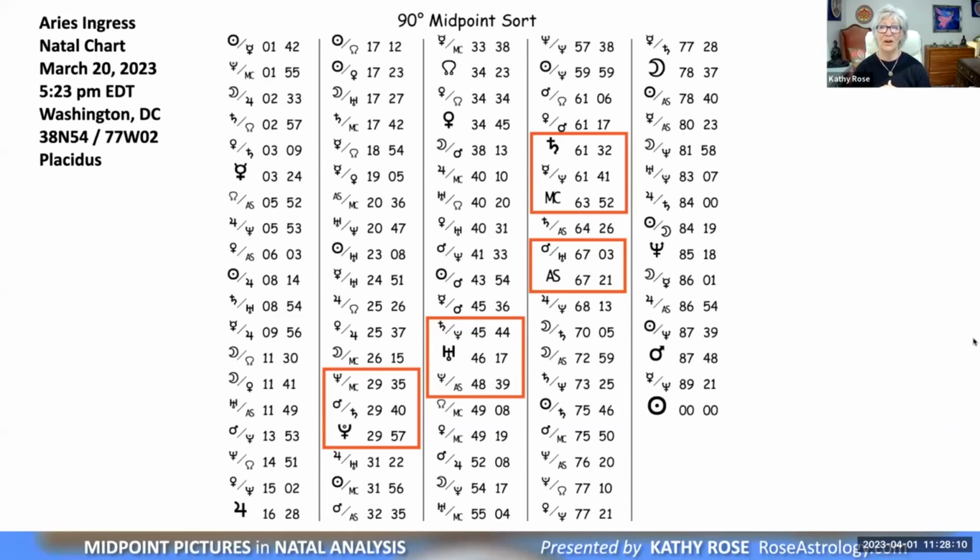Now, I also will do this for the ingress charts. So what you see on screen here is the Aries ingress that just happened recently on March 20th. I set this for Washington, D.C. because I live in the United States. If you did it for the nation that you live in, the capital of the nation, try it for Jerusalem in Israel. Try it for Paris.